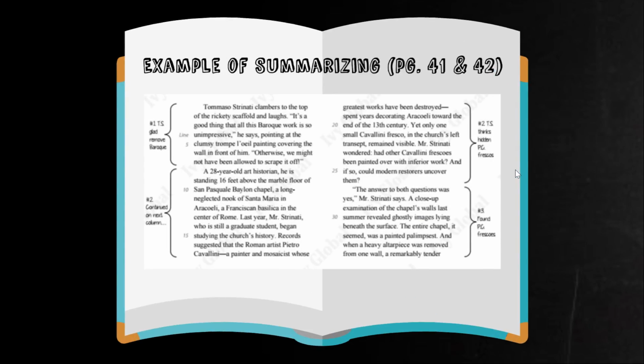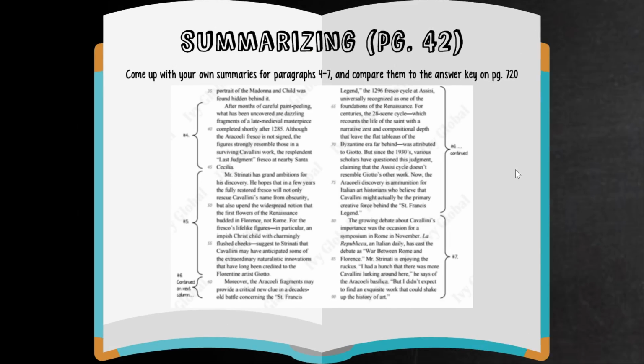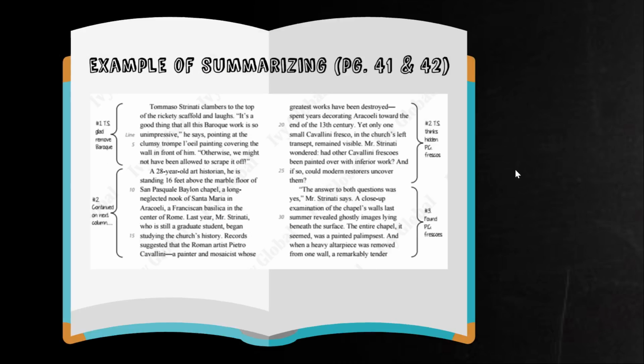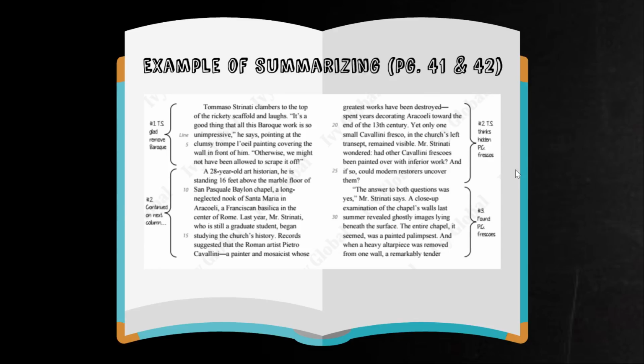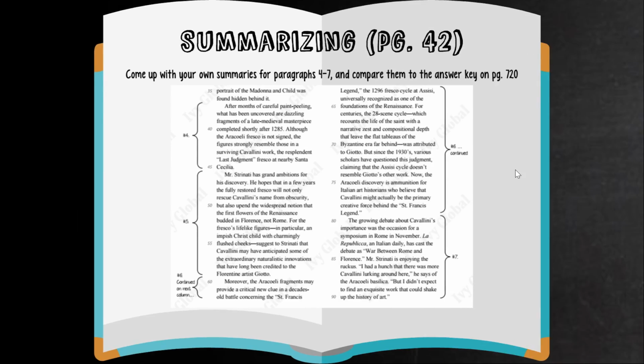And here's an example of what that looks like. In this slide, first it shows what it looks like to summarize paragraphs, and in the next slide, it'll give you some empty brackets.